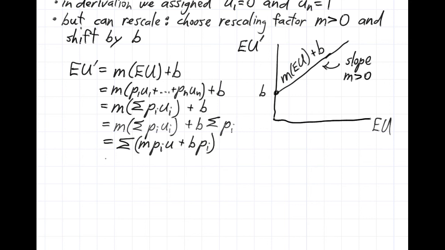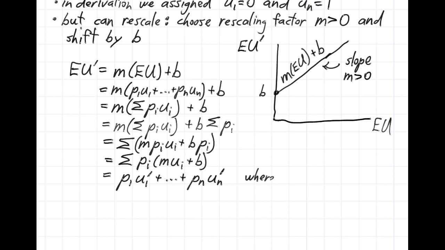And now I can pull out the pi, so that's a sum of pi times (M ui plus B). And that really is just p1 times some other u1 prime plus all these other elements up to pn times un prime, where each of them, ui prime, is the old utility rescaled, M times ui plus B.